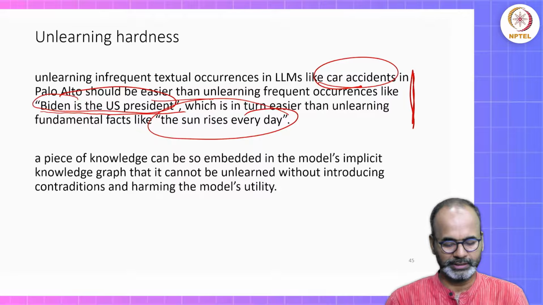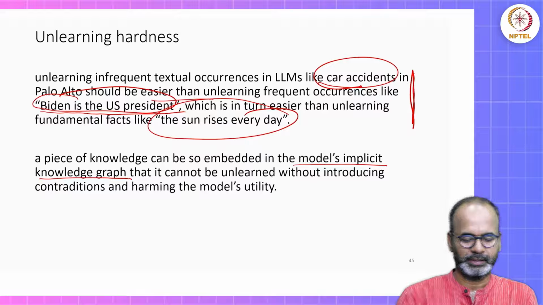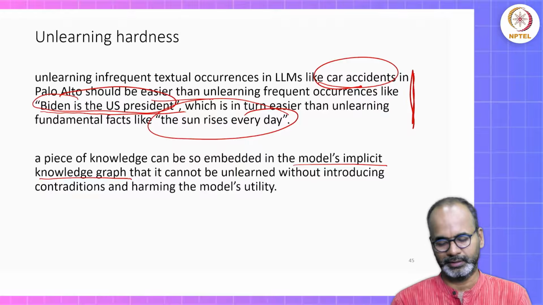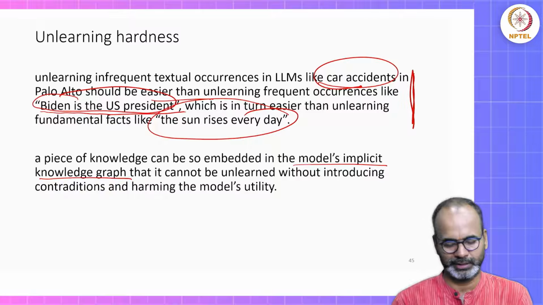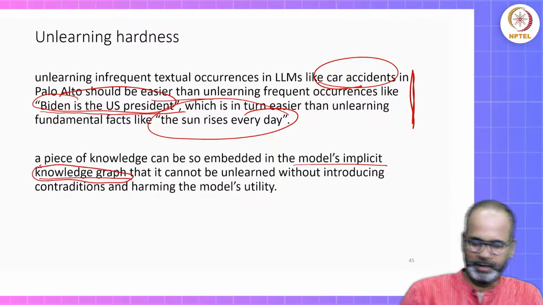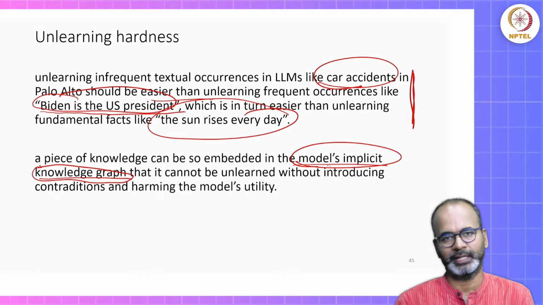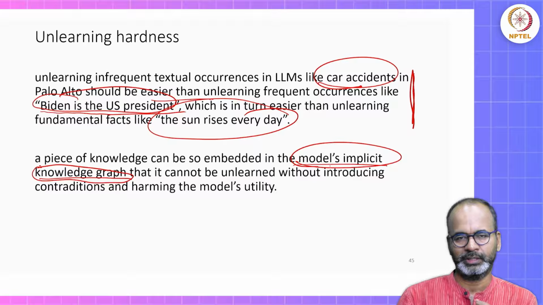A piece of knowledge can be embedded in the model's implicit knowledge graph such that it cannot be unlearned without introducing contradictions and harming the model's utility. Unfortunately, if implicit knowledge is in the model, it's going to be very hard to remove.